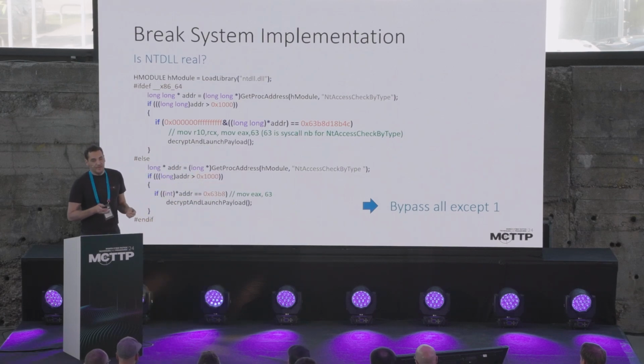So I put a pointer to that place, I grab the bytes, and I ask: is it the right implementation that I would expect for this syscall in NTDLL? If yes, I decrypt my payload. And this also bypasses everything except one, because in the emulator, the Win32 DLLs are not the real ones, they are just emulated. So that's one way to break everything except one.